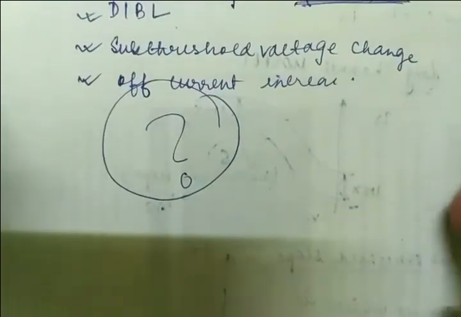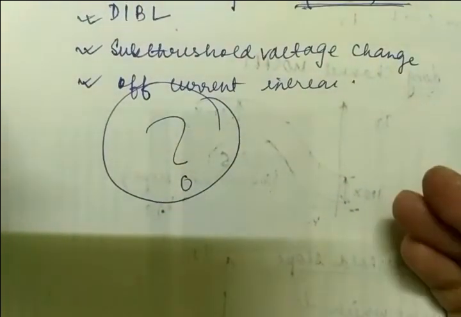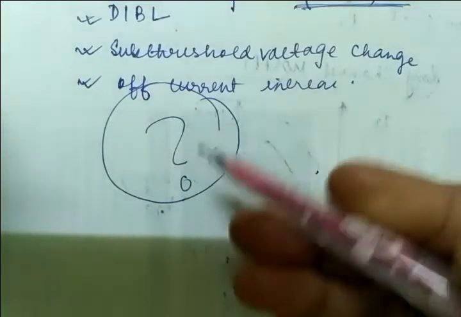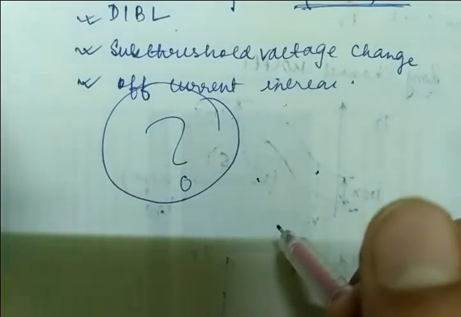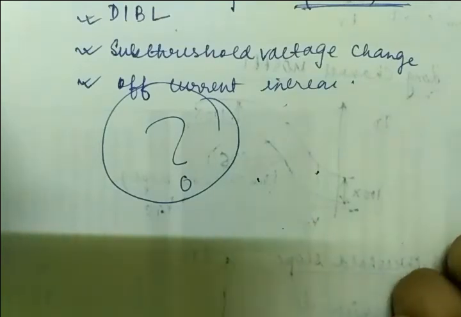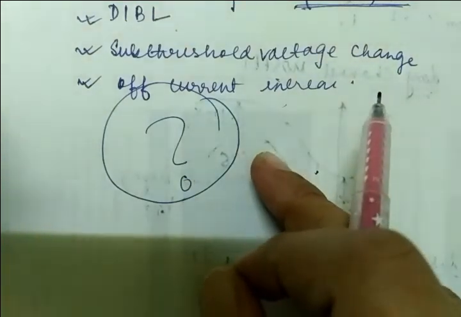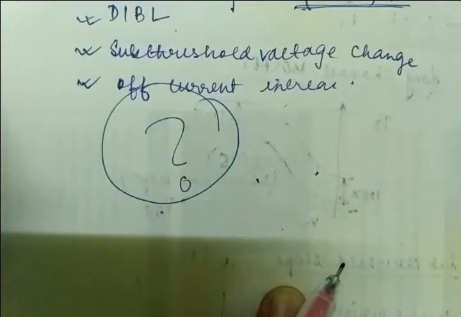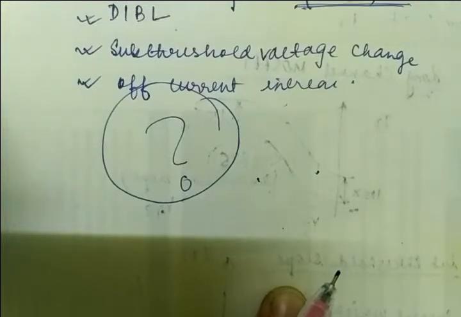So what is our way out? If we add one more gate, one above, one below, that is a double gate MOSFET, or also put the gate on the side, that is a tri-gate MOSFET, or put the gate all around, that is a GAA structure, then the control over the current flow can be increased.